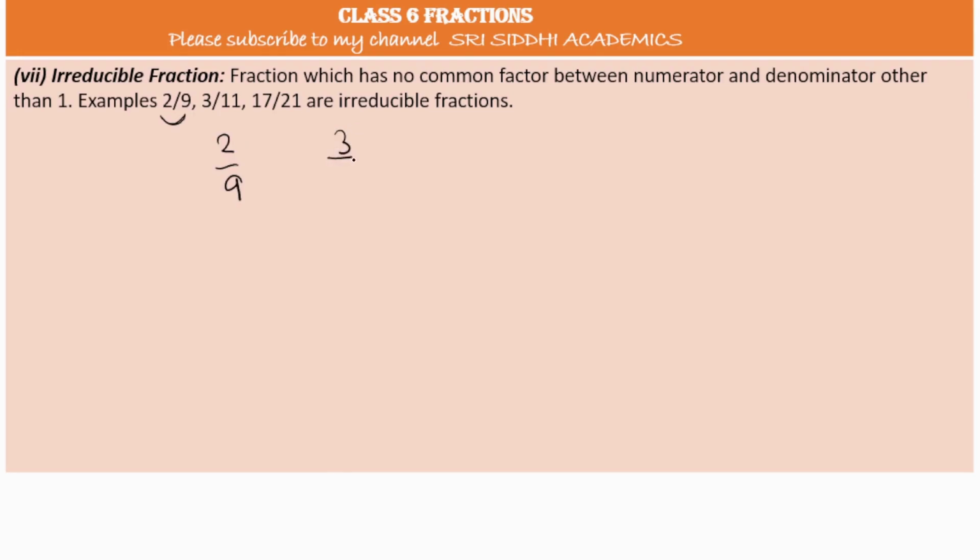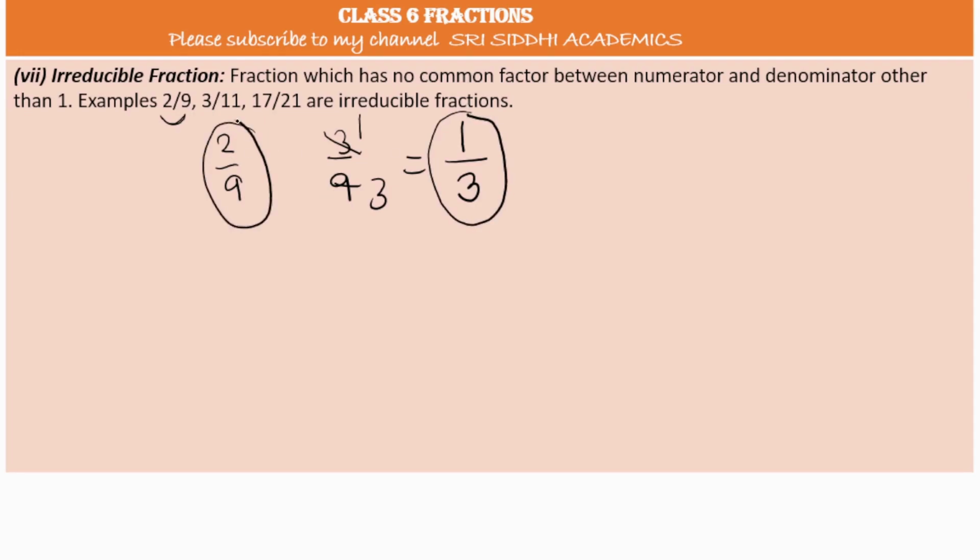अगर मैं 3 by 9 लूँ तो उन दोनों में न्यूमरेटर और डिनोमिनेटर दोनों नंबर्स में एक कॉमन फैक्टर है 3. 3 ones are 3, 3 threes are 9. अब जब मैं 1 by 3 पे पहुंचती हूँ, 1 by 3 is a fraction which has only one common factor, that is 1. Now this is an irreducible fraction. 2 by 9 is an irreducible fraction, but 3 by 9 is not an irreducible fraction.